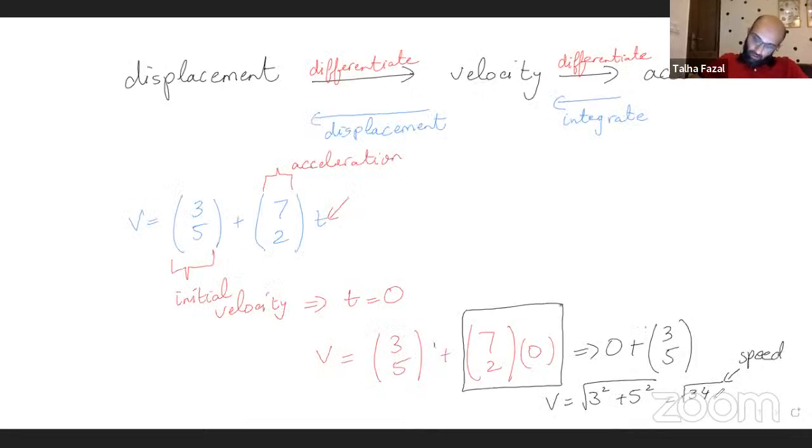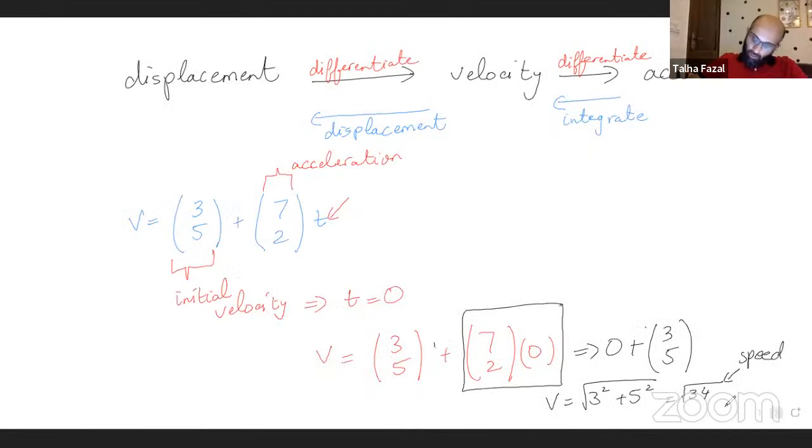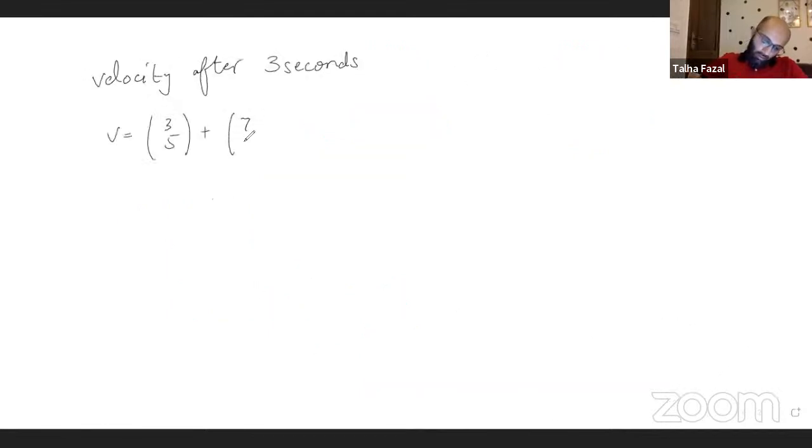Now we can move on and try and find out, let's say, the velocity after 3 seconds. So we go back and we see the vector is 3, 5 plus the vector 7, 2 times 3.